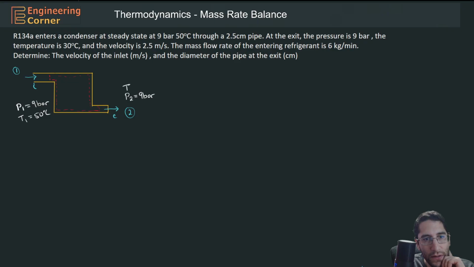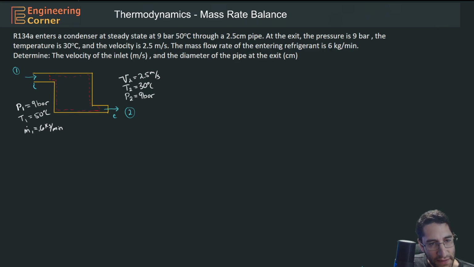And T2 is equal to 30 degrees C. We're also told that velocity, so V2, is equal to 2.5 meters per second, and the mass flow rate of the entering refrigerant is 6 kilograms per minute. So my mass flow rate of 1 is 6 kilograms per minute. Okay, we want to determine the velocity of the inlet in meters per second.